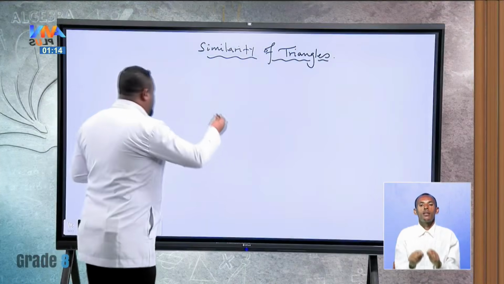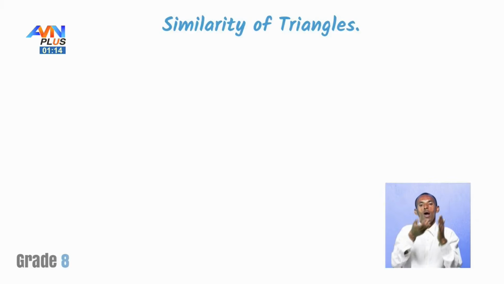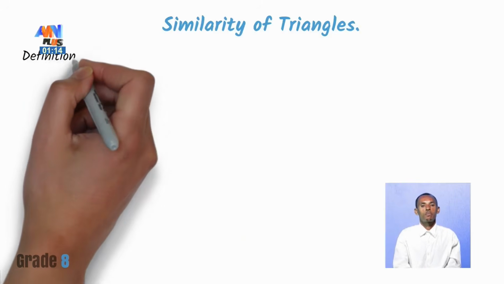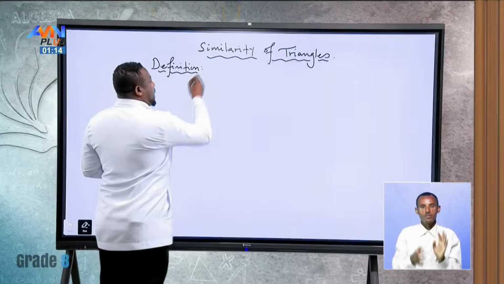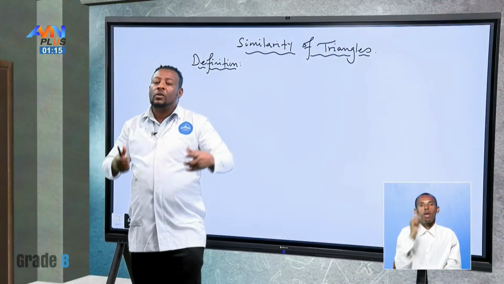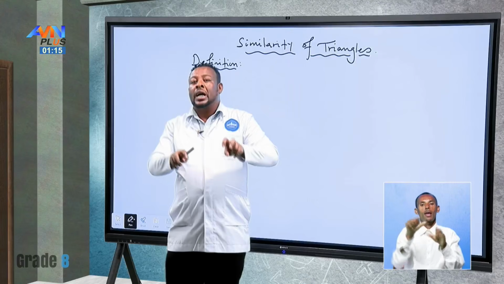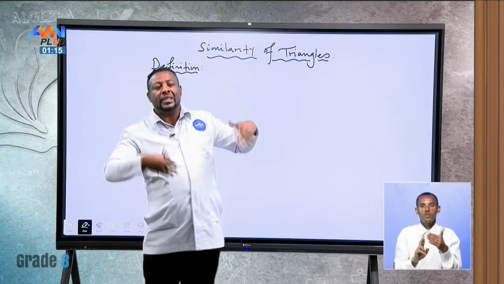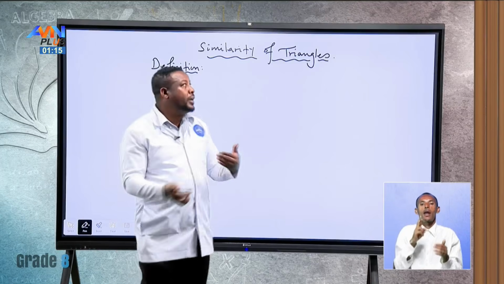Okay, so let us see what the definition of similar triangles looks like. So by definition, two triangles are said to be similar if the pair of corresponding angles are congruent and the ratio of the corresponding sides are proportional, okay?